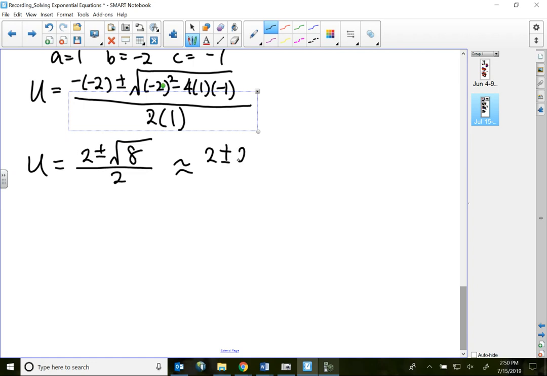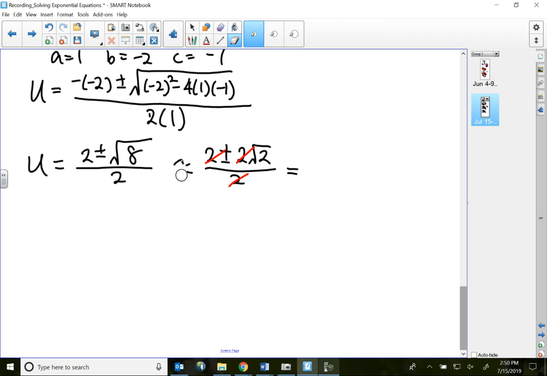So that will be 2 times square root of 2, right, over 2. When all 3 numbers on the outside can be reduced, we reduce them. They're all going to be 1 now. So if the denominator is 1, I'm not going to write it. So that would be 1 plus minus, just simply square root of 2.